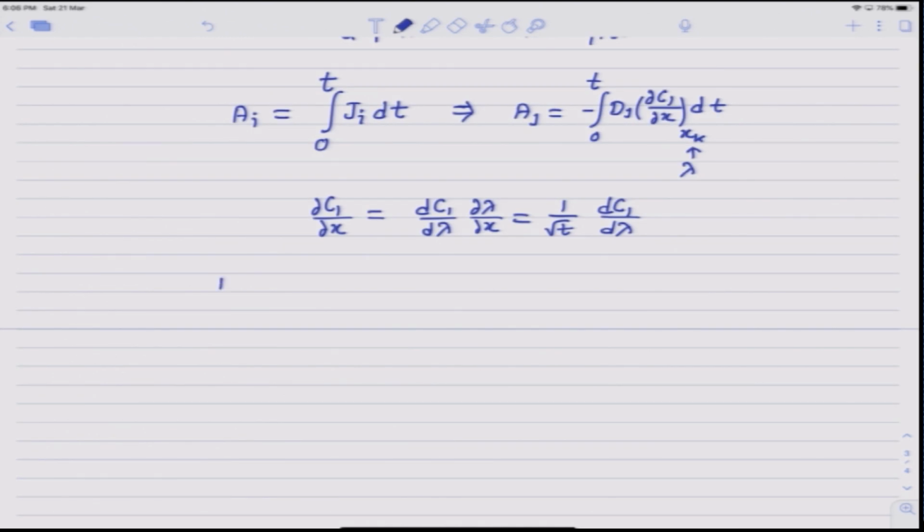So we have A1 is equal to minus D1 integral 0 to t of 1 over root t times dC1/dλ dt.